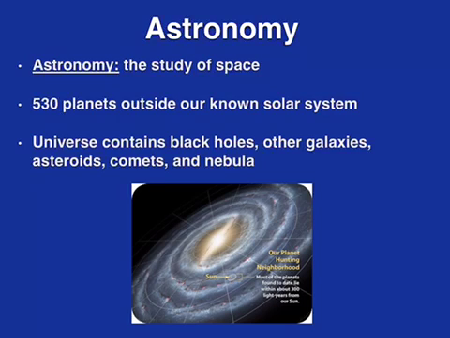Another branch of earth science is astronomy, and this is the study of space. Right now, I think NASA says there's about 530 planets outside of our known solar system. The universe contains things other than just planets. It has black holes, galaxies, asteroids, comets, and nebulae. So astronomy is a big branch of earth science.